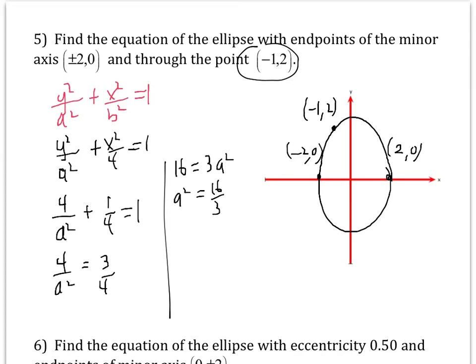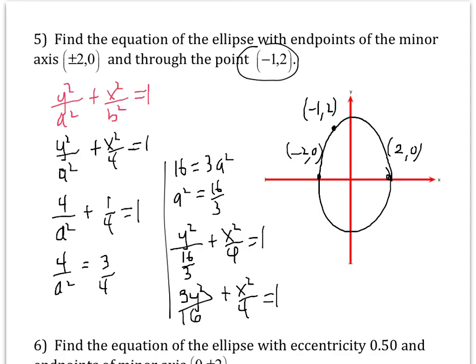So now you can write the equation as y squared over 16 over 3 plus x squared over 4 equals 1. We can flip that over and say 3y squared over 16 plus x squared over 4 equals 1.